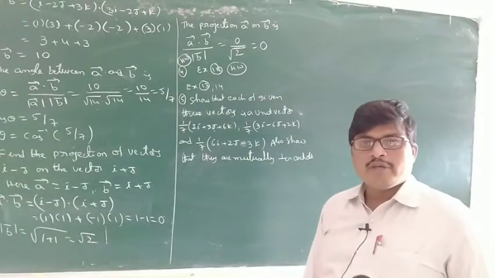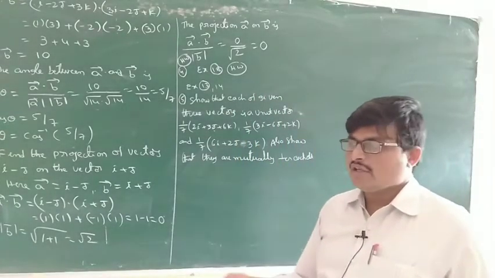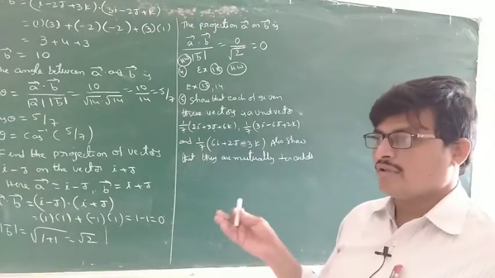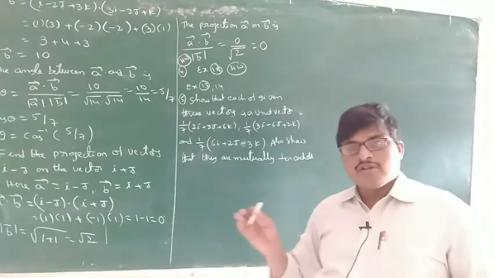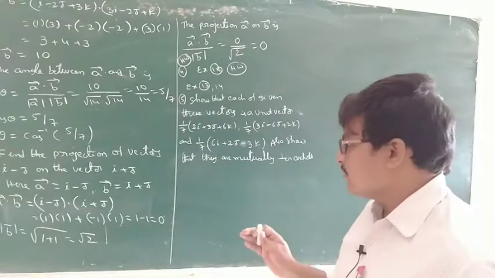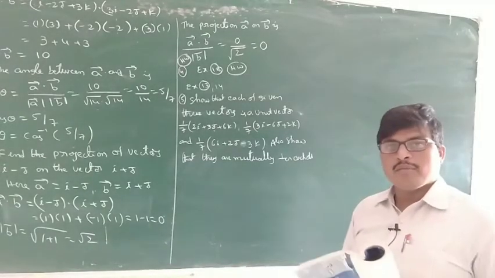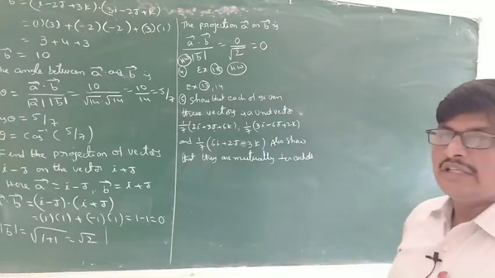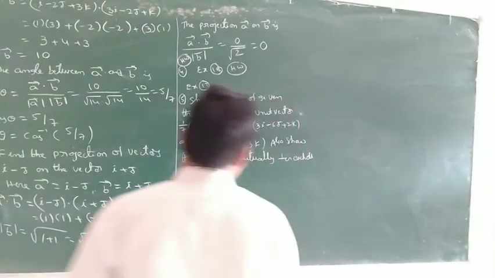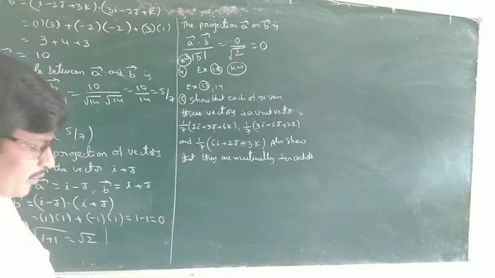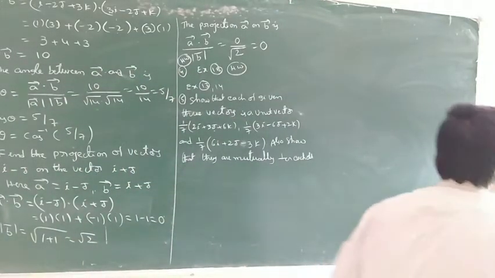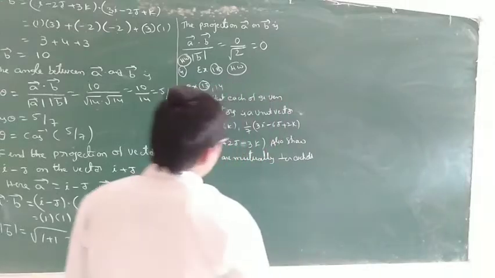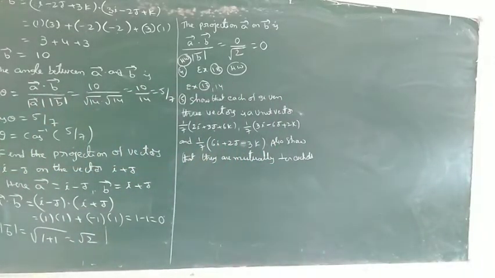A bar dot B bar is equal to 0. Any two vectors whose dot product is 0, that is A bar dot B bar equal to 0, are perpendicular to each other. So here two problems are there. First, the three vectors are unit vectors, and second, the three vectors are mutually perpendicular.